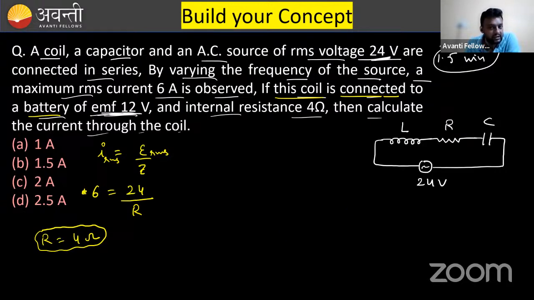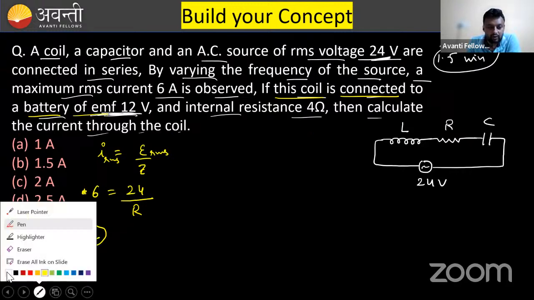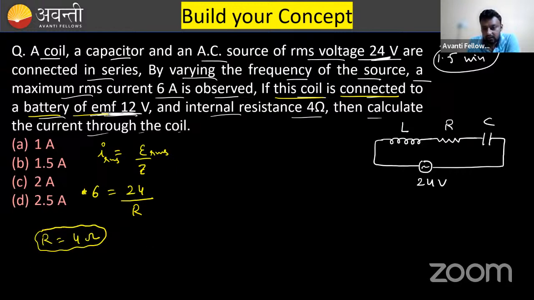Now they are connecting only the coil, not the capacitor. They are connecting only the coil with a battery. Now just redraw the diagram. They are connecting the coil, which has some resistance, with a battery of EMF 12 volt and some internal resistance, that is 4 ohm.